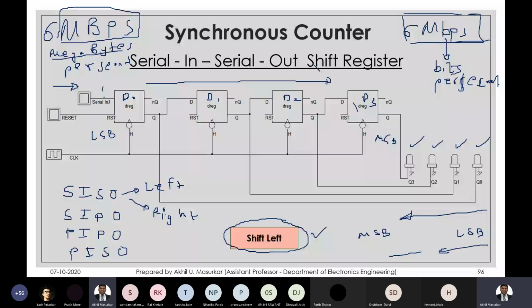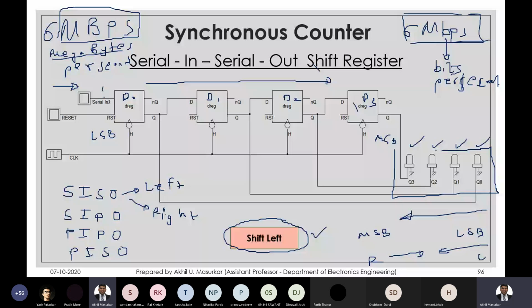So in the circuit, though you are entering the bits from the left side, the bits might move from left to right through the flip-flops, but as far as the final output is concerned, that is Q3, Q2, Q1, Q0, it seems that the output is moving from right to left, that is leftwards, and that is why this operation is called shift left.